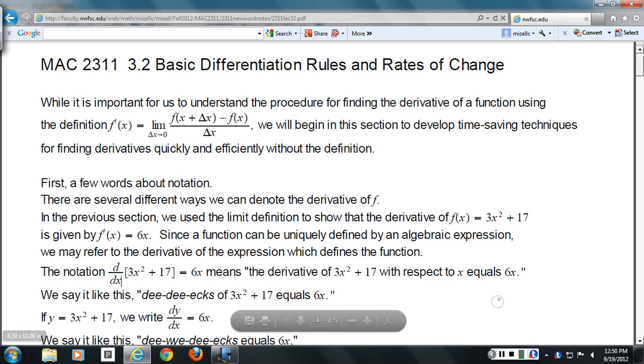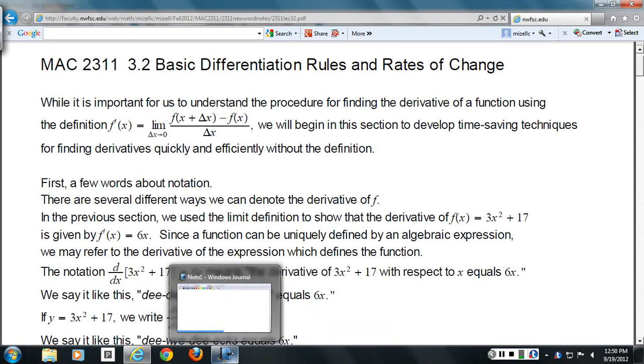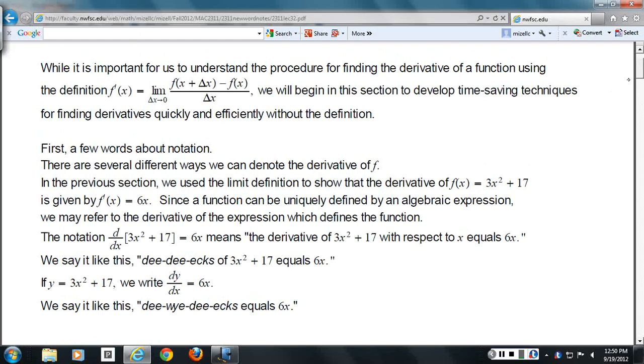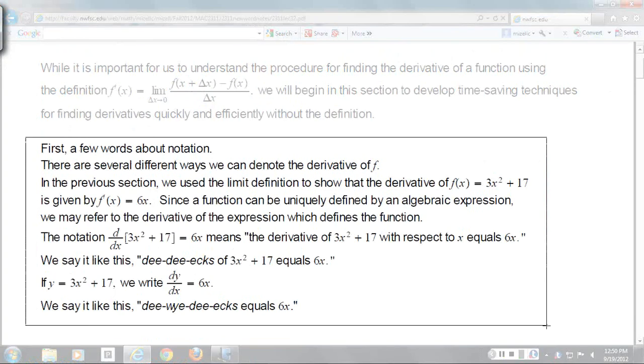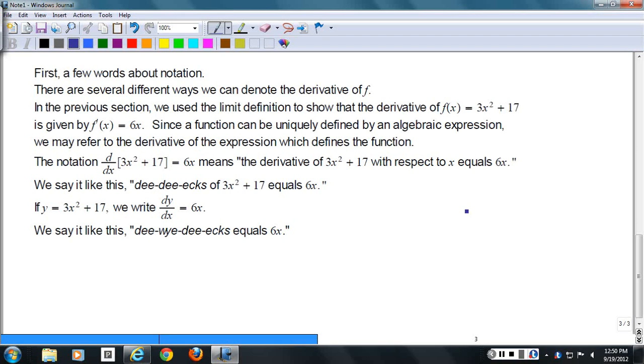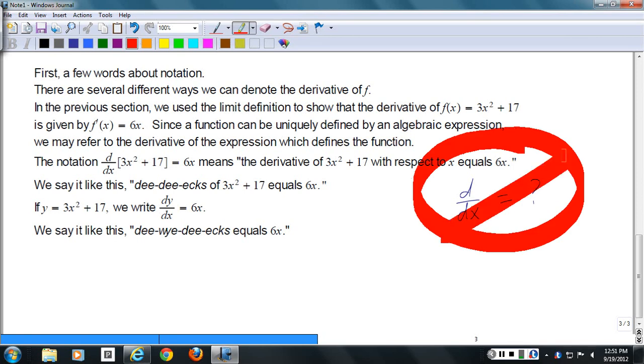Now, you never want to say d dx equals, because d dx never equals anything.